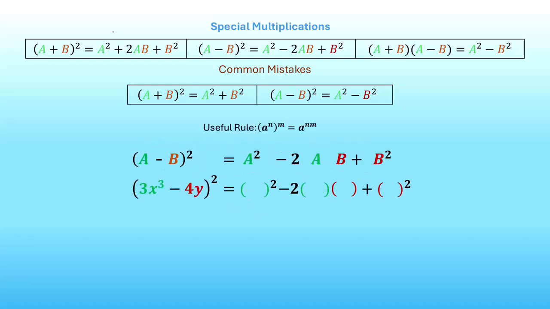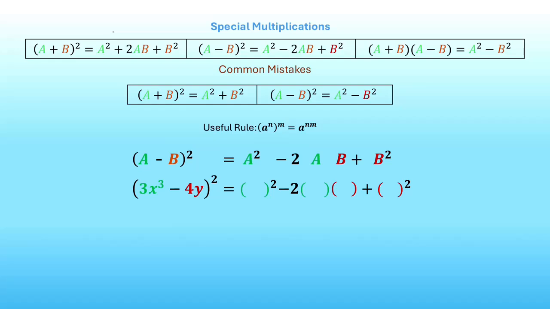For the next problem, here we have the square of a difference, 3x cubed minus 4y. For this expansion, we're going to use the second formula, the square of a difference, which is a squared minus 2ab plus b squared.